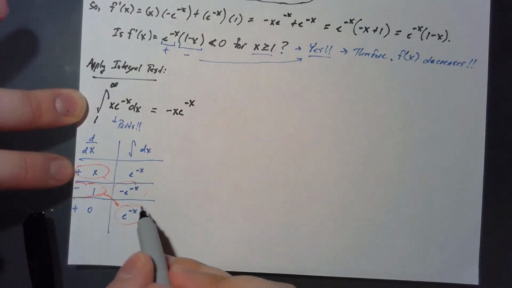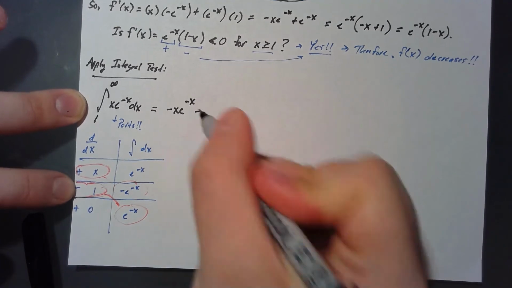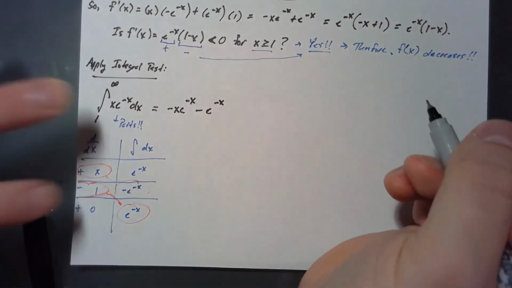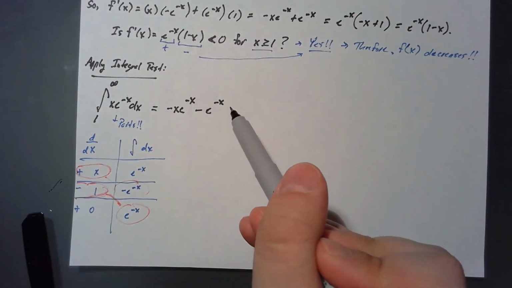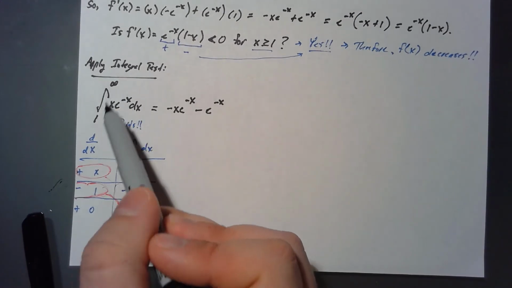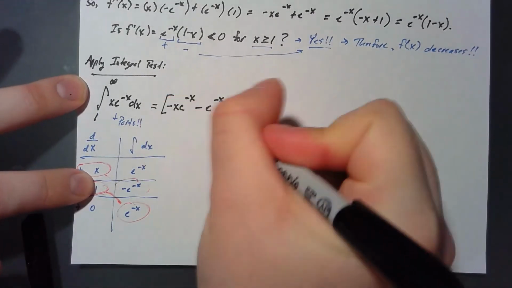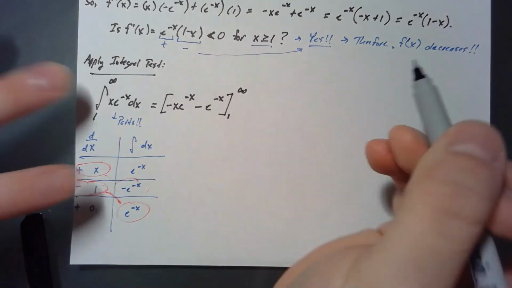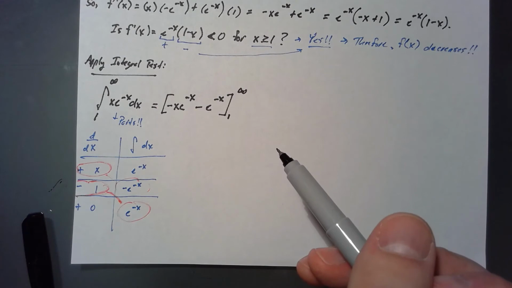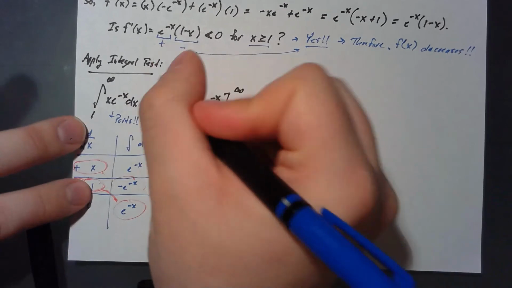And then you're going to get negative times a positive, which is negative e to the negative x times 1 is e to the negative x. Now I would ordinarily put plus c here, but because this is a definite integral, I'm going to put bounds here from 1 to infinity. Now remember, this is an improper integral.